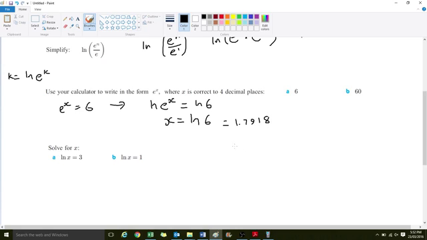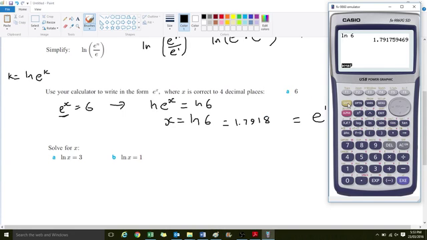So to express that in terms of e, we can write e to the power of 1.7918. Now if we put this in our calculator, it should be equal to 6, because what we've solved is the value of x that makes e to the power of x equal 6. Our value for x was 1.7918. So let's confirm that: shift ln, to the power of the answer that we got before. Exactly 6.